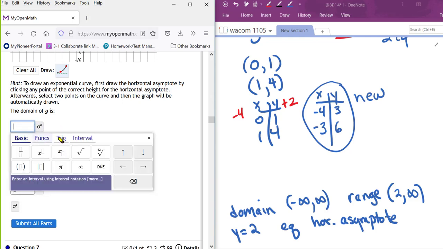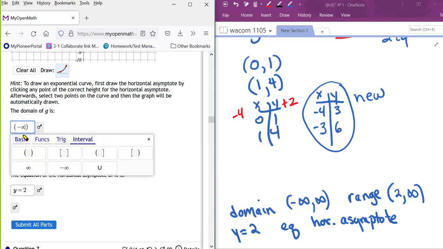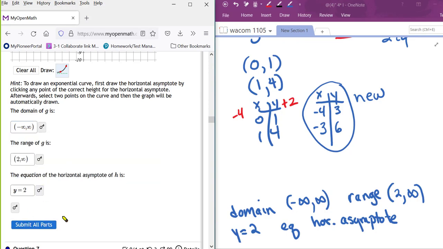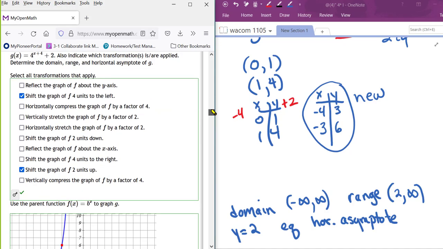This one is negative infinity, comma, positive infinity. All right. So we're good there. So several parts on that.